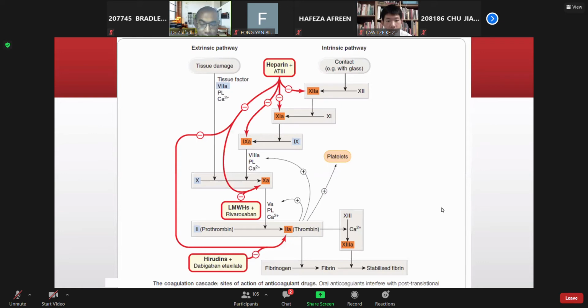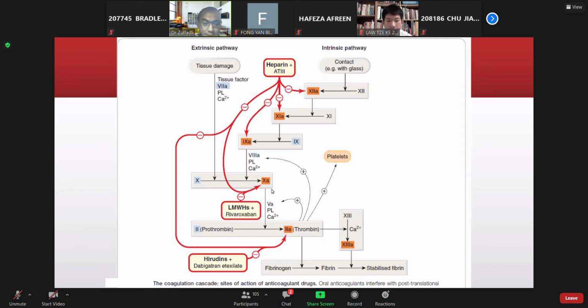So the anticoagulant drugs interfere with the cascade. As you can see here, when there is tissue damage, it will activate factor 10, converting it into factor 10A.